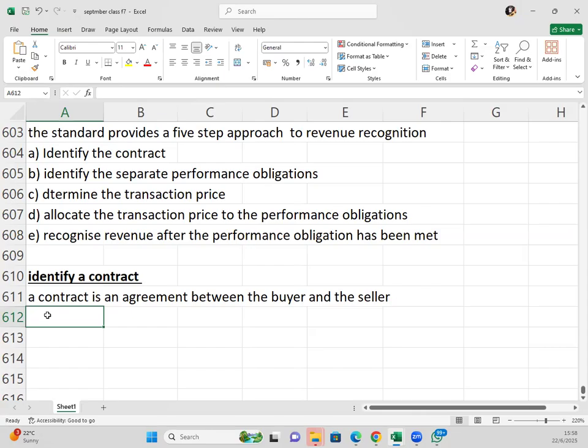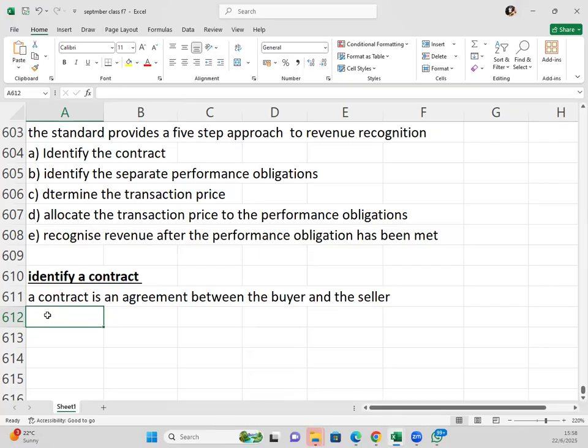Remember, there are parties that are not contractual parties, like a minor. You can't say you've entered into a contract with a minor. So for you to say the sale has been processed through, the contract must be a valid contract. It must be an enforceable contract.